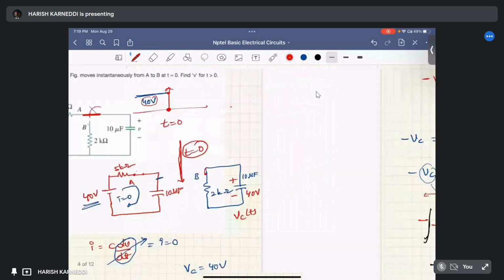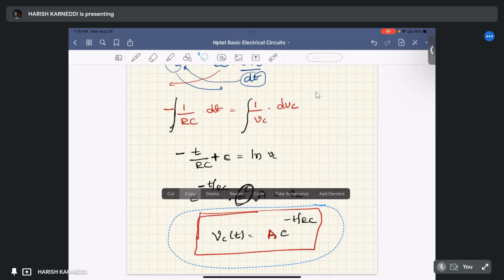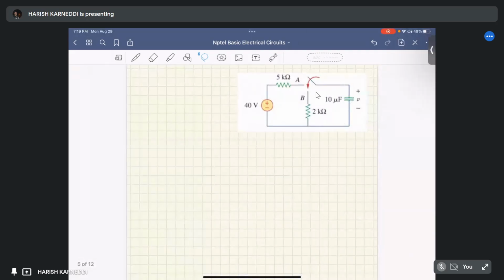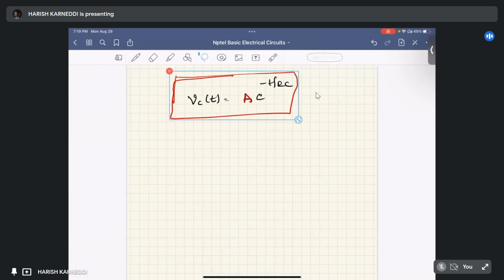So VC of 0 minus, just before that, the capacitor voltage is 40 volts.